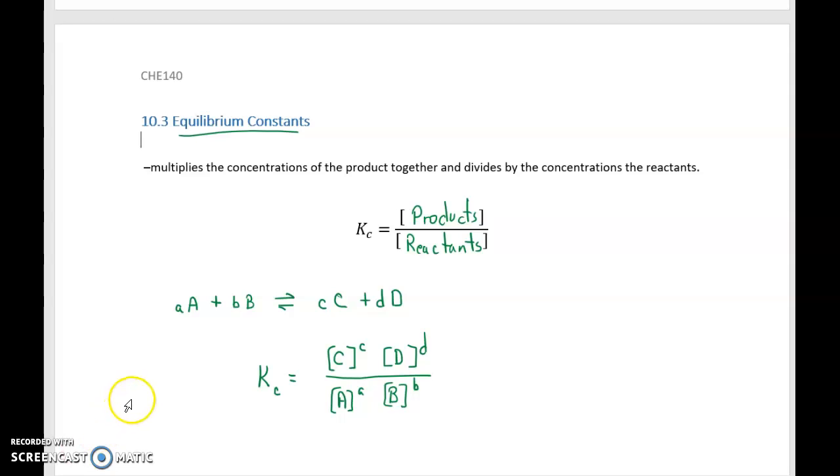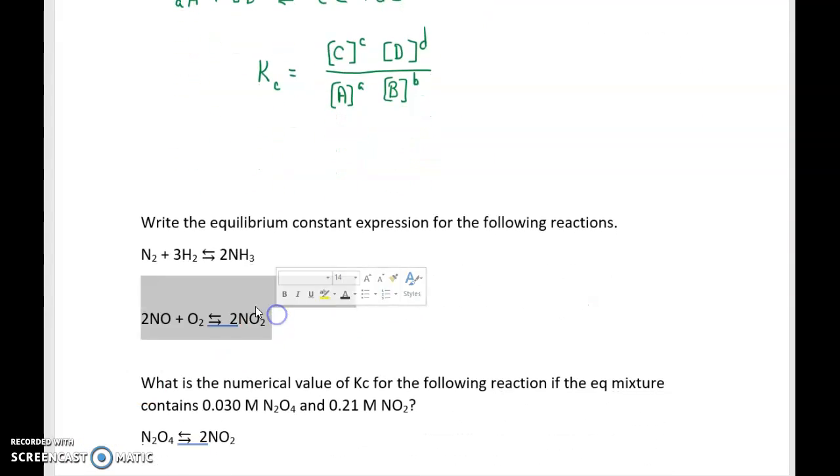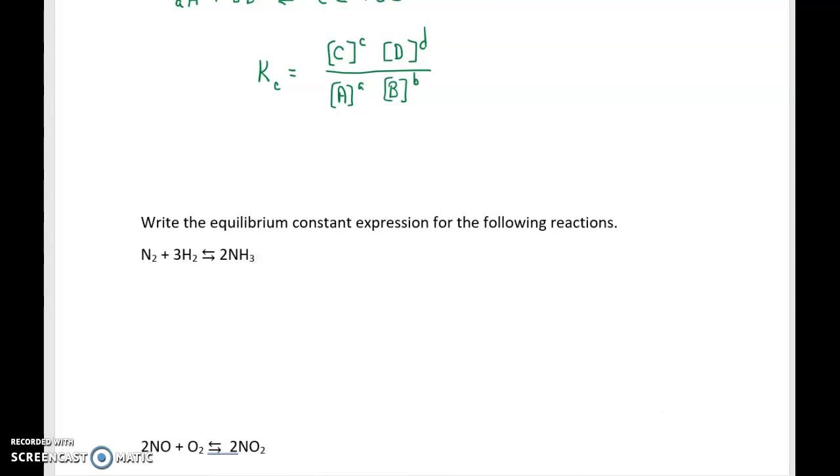So let's see how we do this with a real equation. I'm going to move this down a little, give myself some space. The equilibrium constant for this will be equal to the products, which is the NH3, the ammonia, and they've got two of them here, so we'll have to put the concentration of ammonia squared.